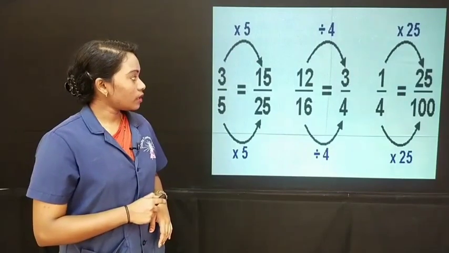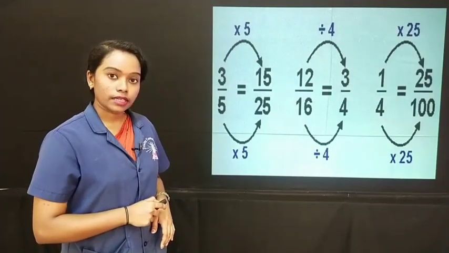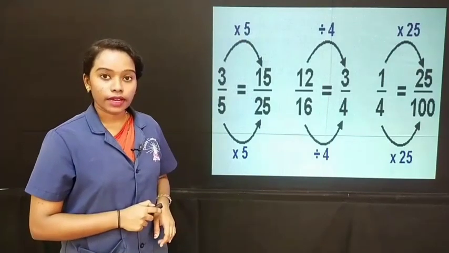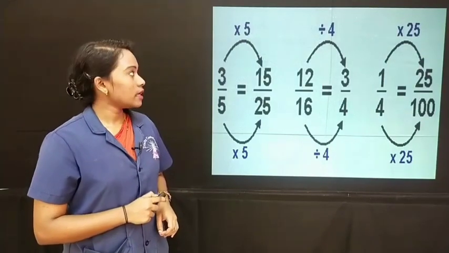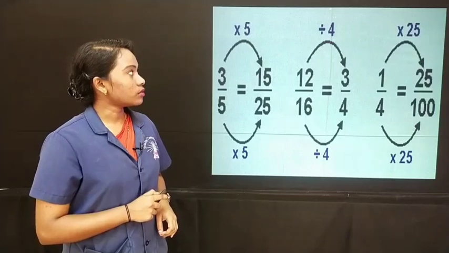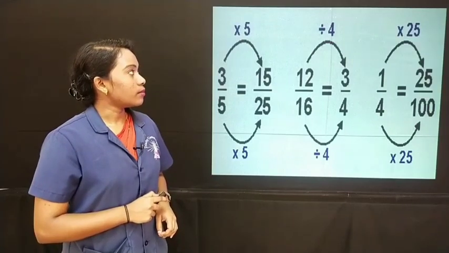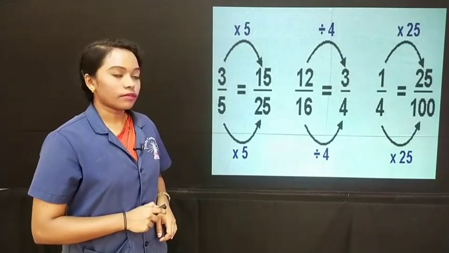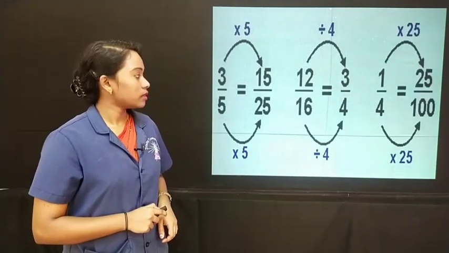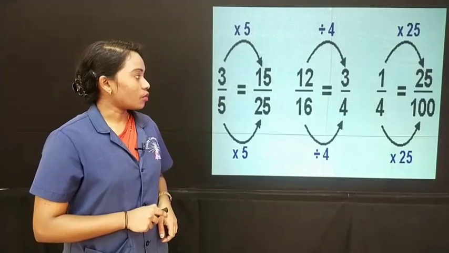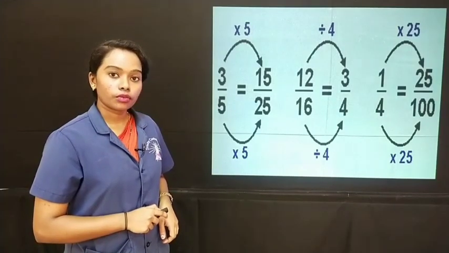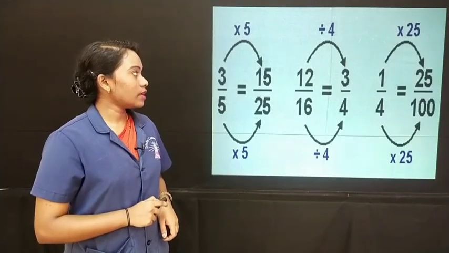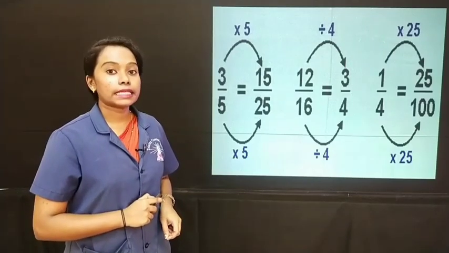Here we have 12 and here we have 16. Both 12 and 16 are divisible by 4. Hence, I am taking here 4. Divide them by 4. 12 by 4, we get 3. 16 by 4, we get 4. Therefore, 3 by 4 is the equivalent fraction of 12 by 16.